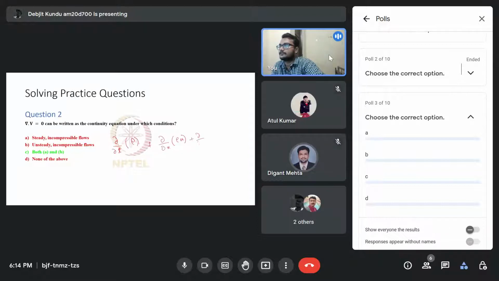This will be the same for the y direction as well, and the same for the z direction as well. I'm not writing that, equal to 0.